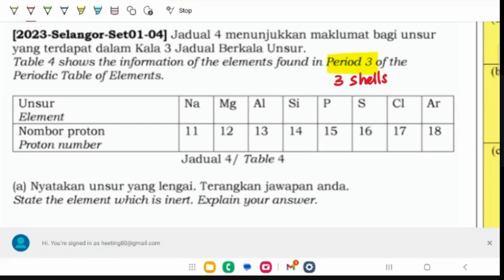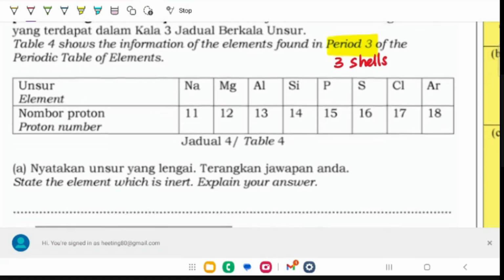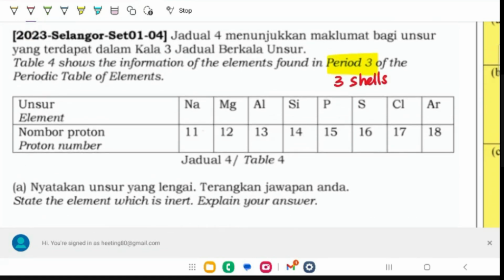Yes, getting smaller, I hope all of you still remember. Getting smaller from sodium to argon. Now state the element which is inert. Argon, Ar, group 18.